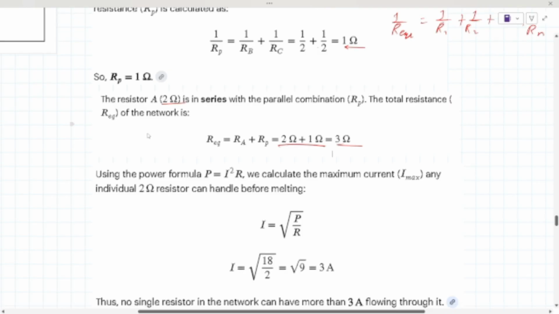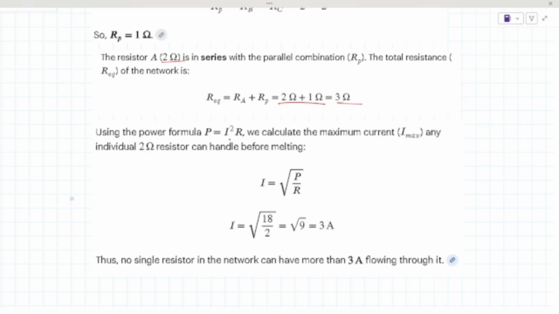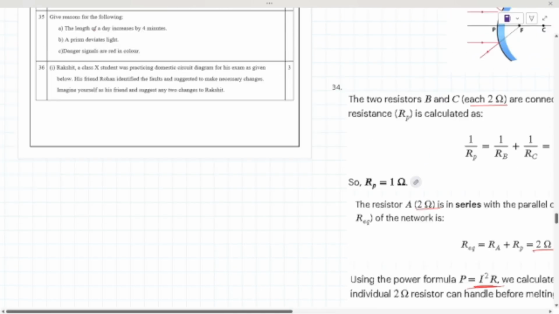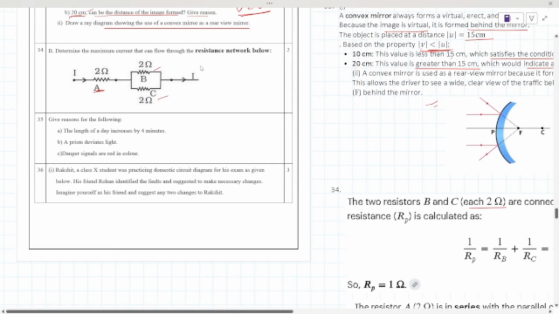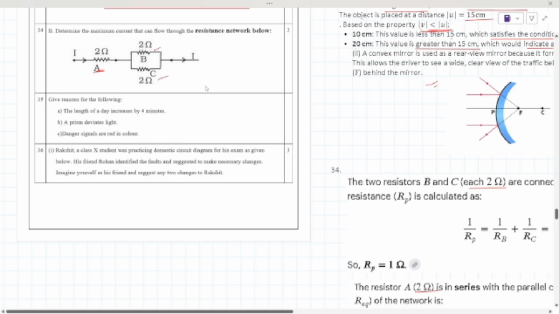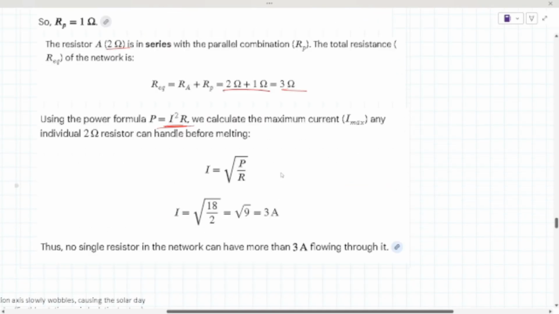Now by using the formula P equal to I square R, from this formula we can find current. So I will be root under P by R. Here I think power is not given. So if it is given, just put the value of P and the value of R, and you will get the answer.